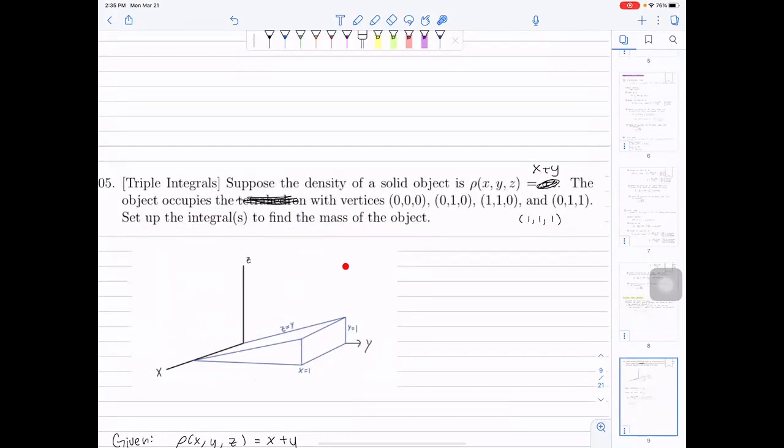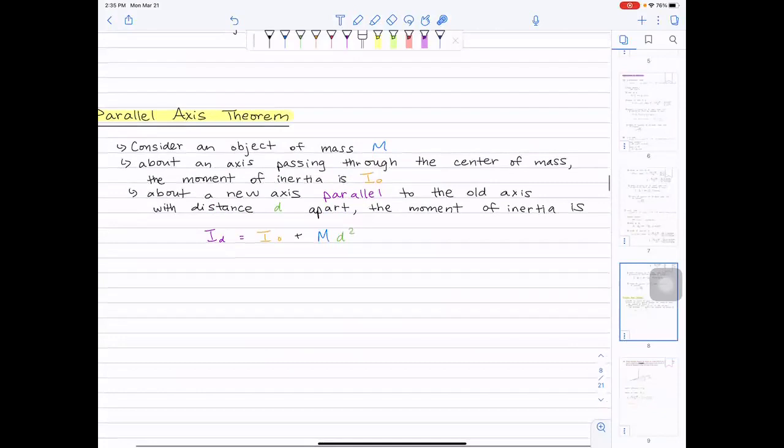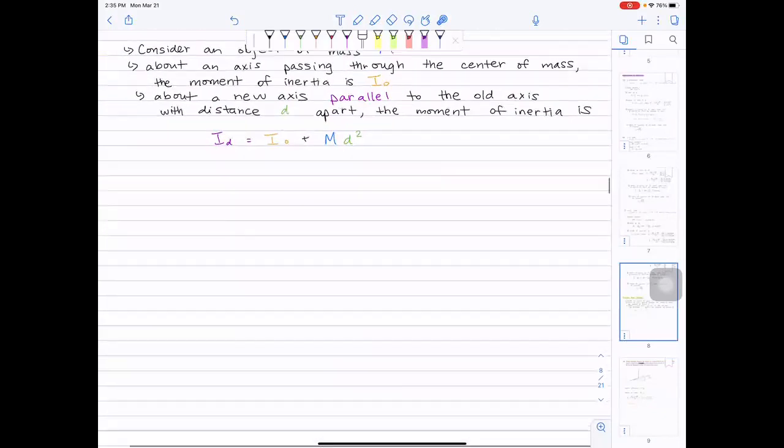Right now we're in mechanics, so all these formulas apply for 2D or 3D. Mr squared, the parallel axis theorem. Yes, m r squared. Yep.